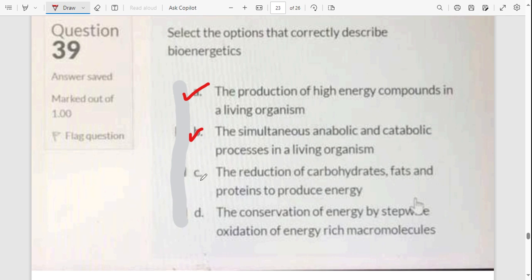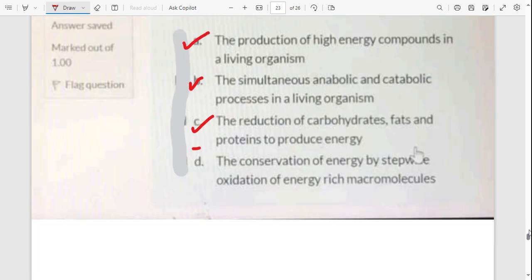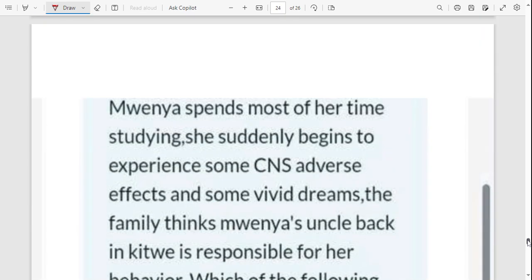Of course, you are producing energy in that. The reduction of carbohydrates, fats, and proteins to produce energy, this is also true. The conservation of energy by stepwise oxidation of high energy molecules, this is also true, where energy is converted from one form to another. So it's all about energy.